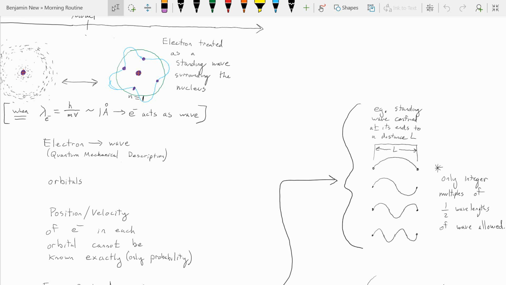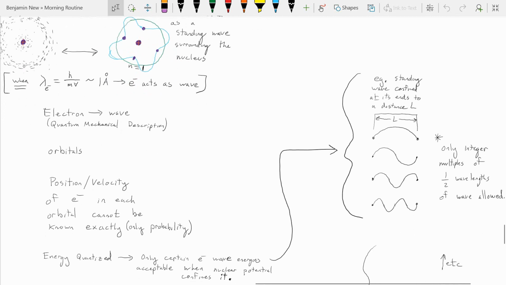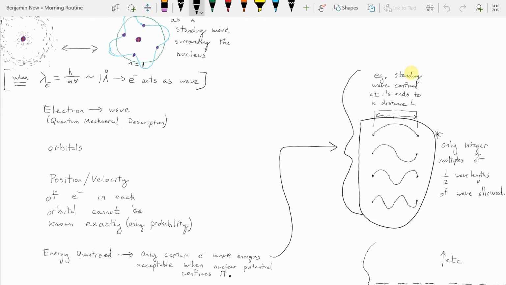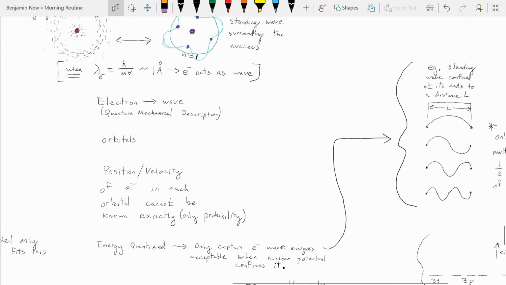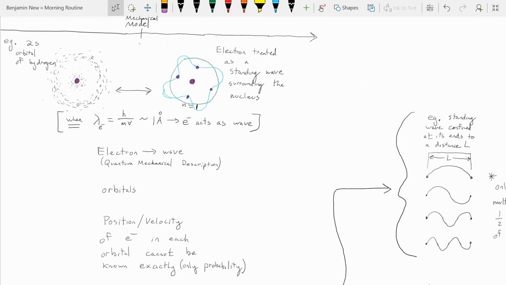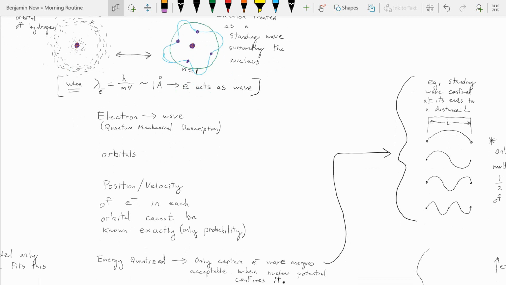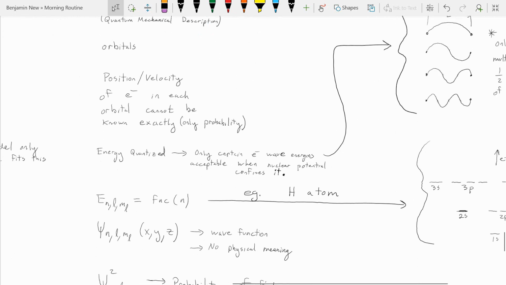So you can only choose particular distances away from the nucleus such that you get integer multiples of the wavelength around that particular circle. So the energy is going to be quantized. We cannot have just any continuous or random energy. We have to choose. We will have only particular energy levels.